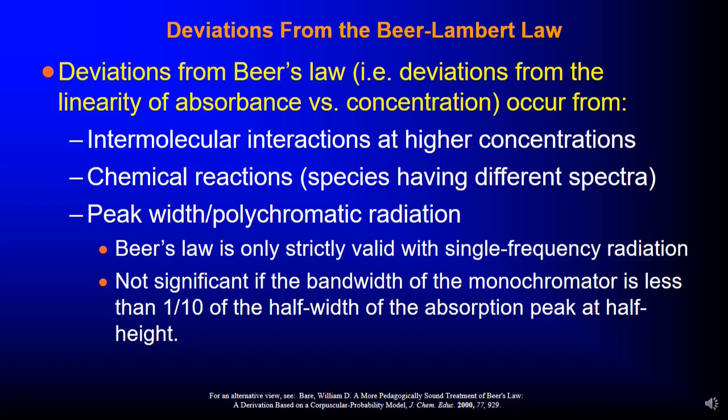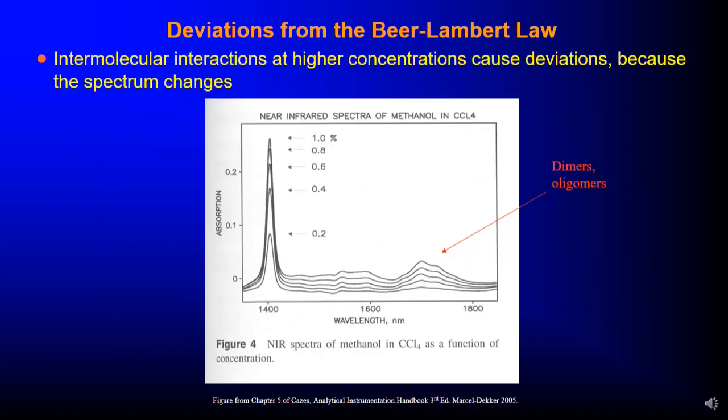So Beer's law is only strictly valid with single frequency radiation. So we can see a scenario where there is deviation. As you can see, a higher concentration causes the spectrum to change.